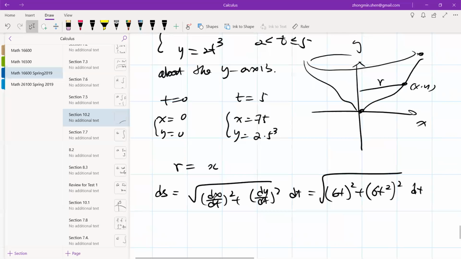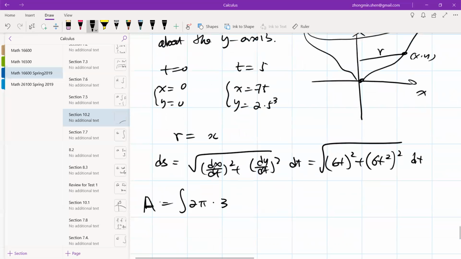So let's find the surface area, which is going to be 2 pi r. R is x, which is 3t squared, and then ds is going to be the square root of 6 squared t squared plus 6 squared t to the 4th power, dt. I'm going to take a t squared out.